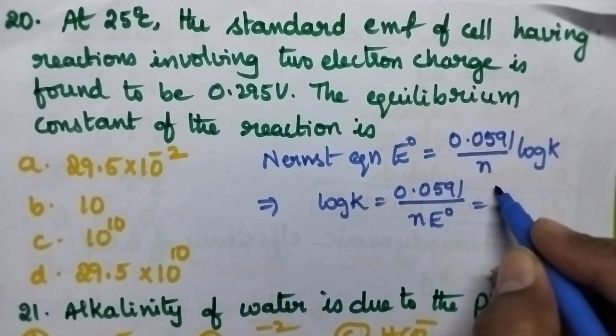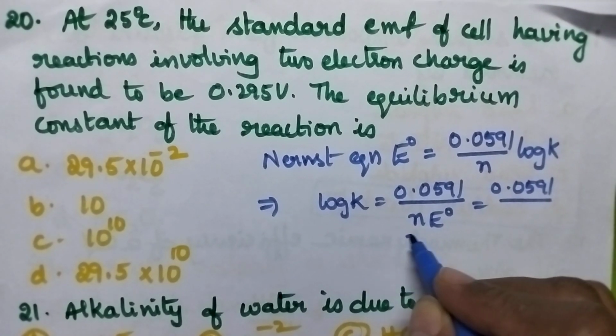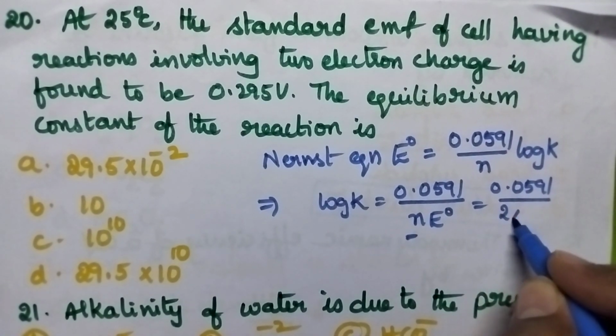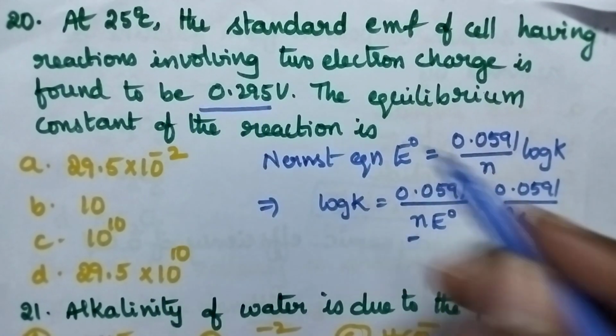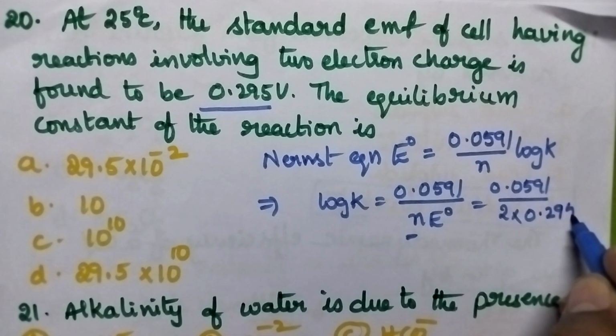On substituting, 2 electron change means n equal to 2, and the standard EMF of the cell is 0.295.